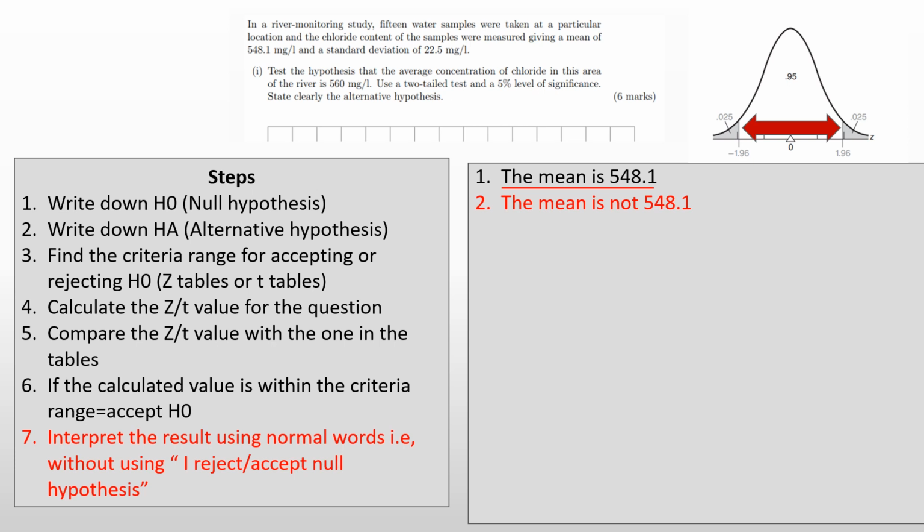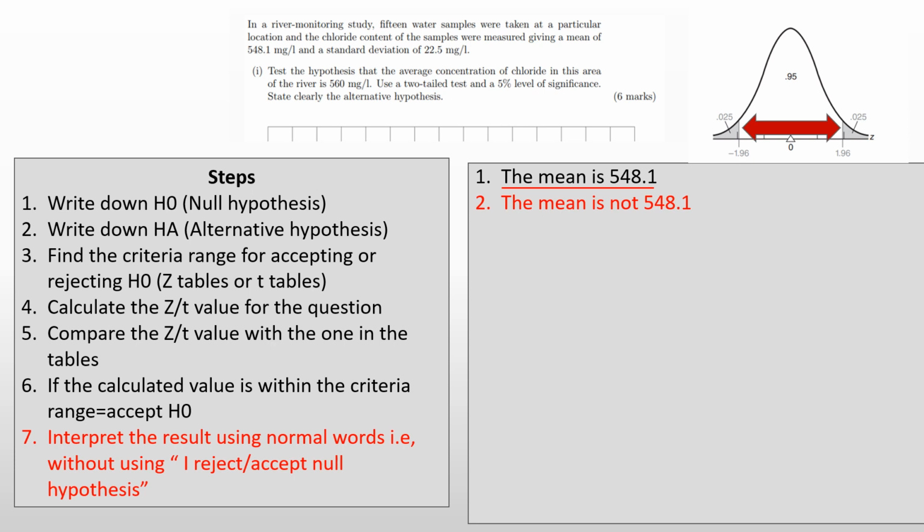So you notice that you have the 0.025 and then the 95% right in the middle. So the actual values that you'll be looking at in that range will be 1.96 and minus 1.96 in the Z tables, right?